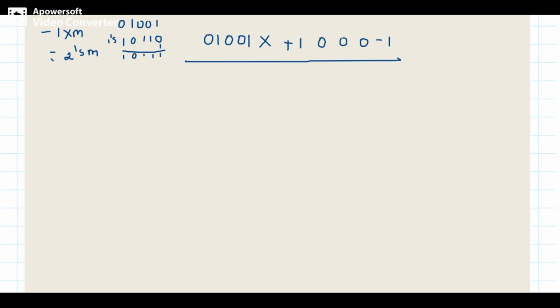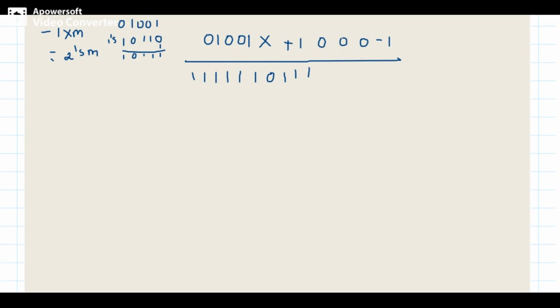So now I'll write here. Minus 1 into M, we got the value as 1, 1, 1, 1, 0, 1, and next 5 more ones have to be considered as sign extension bits. So next is 0 into M. That means I can directly consider it as 0.